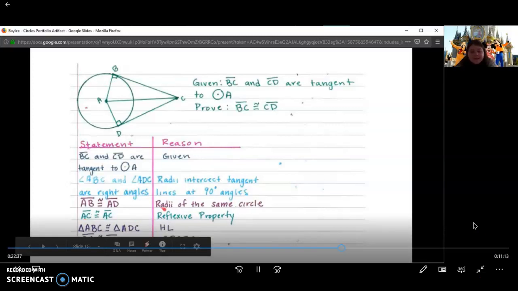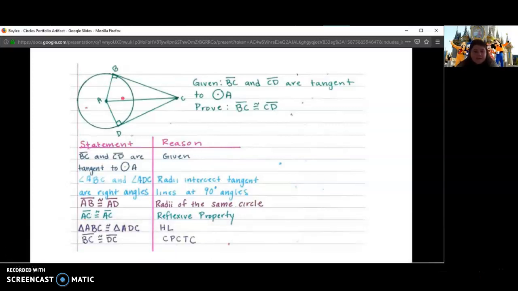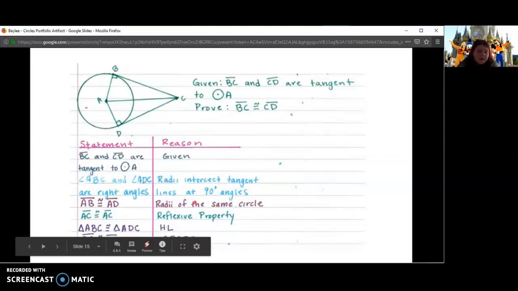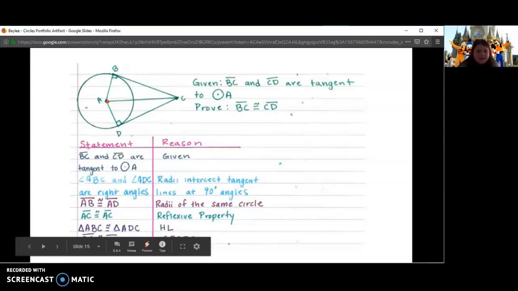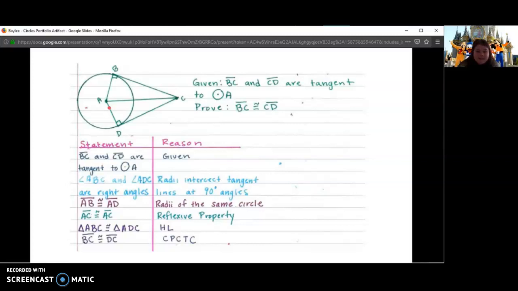And AC is equal to AC. So this side of this triangle and this side of this triangle are going to be the exact same due to the reflexive property. And so then we can see what other pieces of this triangle we can make congruent. So we know that triangle ABC is going to be congruent to triangle ADC based on the hypotenuse leg, because we have two right angles and we are able to make side AC congruent due to the reflexive property.